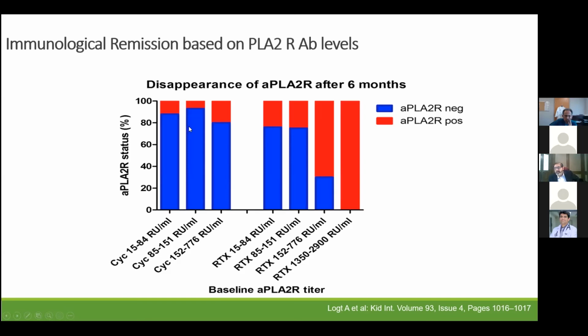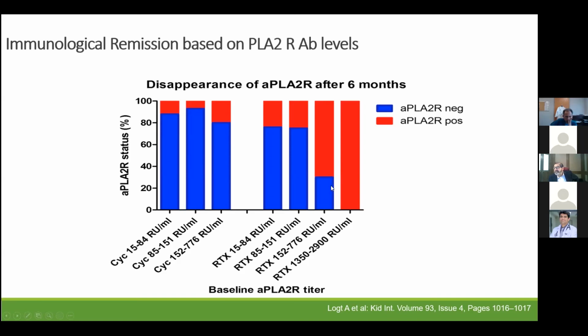We know that. If you go higher on the antibodies, 152 to 776, cyclophosphamide still is going to drop a remission, and we're talking about serologic remission in about 80% of cases. It's going to drop the antibodies in about 80% of the cases.